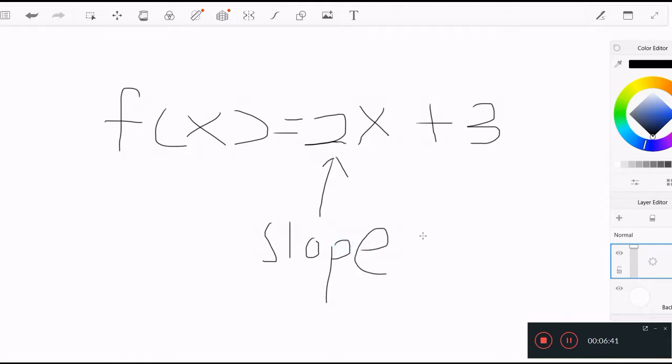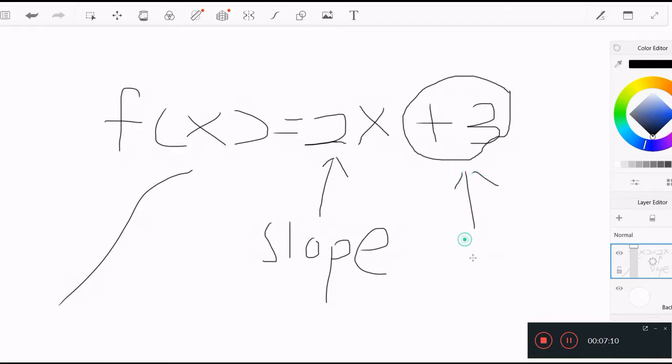It represents the slope of the graph. You have to check whether it is positive or negative. In this case, it's positive, so the graph should be going upward. So the 2 here determines the steepness and slope of the graph. And what does the positive 3 at the back of the x mean? This is the y-axis.